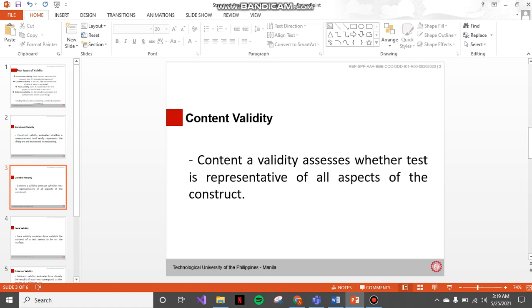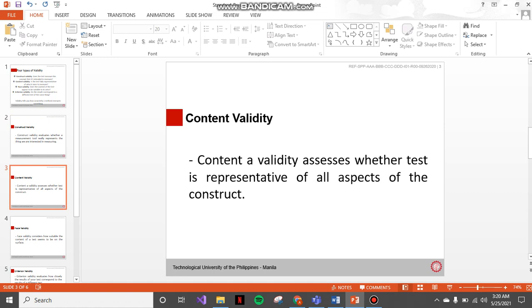Let's say, for example, a mathematics teacher develops an end of semester algebra test for her class. The test should cover every form of algebra that was taught in the class. If some types of algebra are left out, then the results may not be an accurate indication of students' learning.